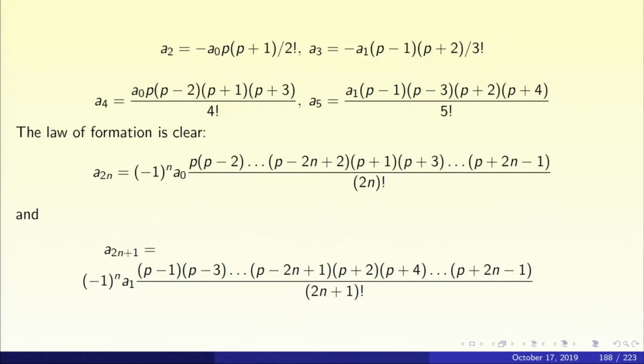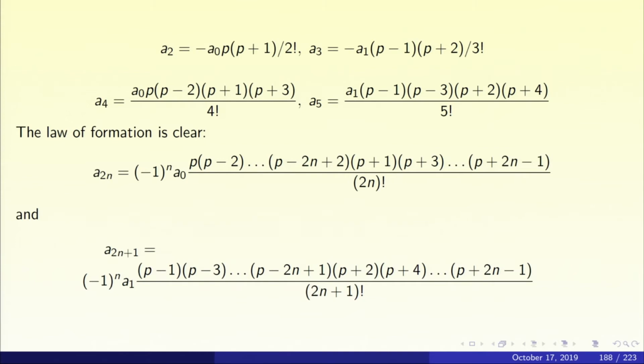So what is the law of formation? For n even, namely a_{2n}, it will be minus 1 to the power n a0 into (p minus 2) etc. (p minus 2n plus 2), (p plus 1)(p plus 3) etc. (p plus 2n minus 1). Denominator is simple, 2n factorial straight off.